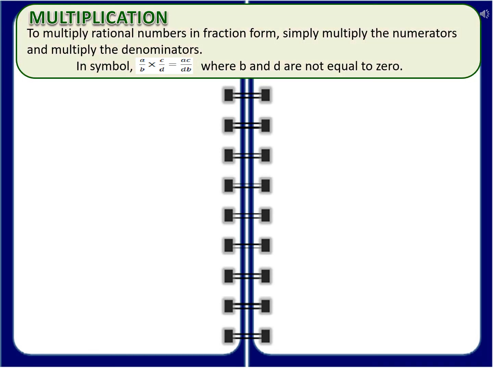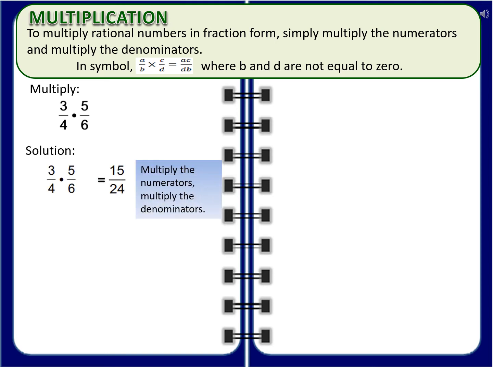The next operation is multiplication. To multiply rational numbers in fraction form, simply multiply the numerators and multiply the denominators. In symbols, a over b times c over d is equal to ac over bd, where b and d are not equal to 0. For example, multiply 3 over 4 by 5 over 6.